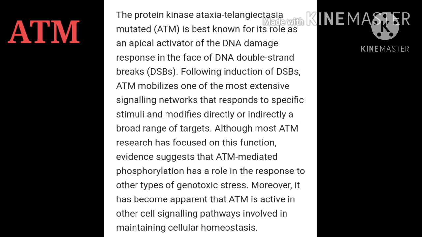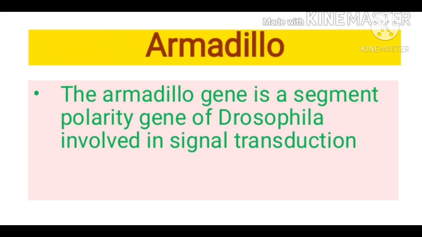And the activation of this ATM protein kinase is mainly for maintaining what? Cellular homeostasis. Remember, the ATR protein kinase is activated whenever there is DNA damage, especially single strand break, whereas the ATM protein kinase is activated whenever there is genotoxic stress, namely DNA double strand break.